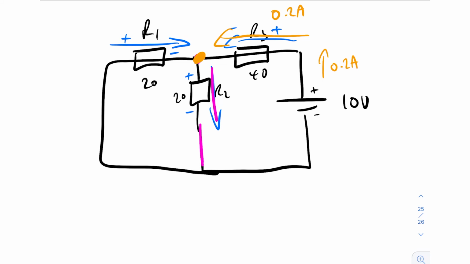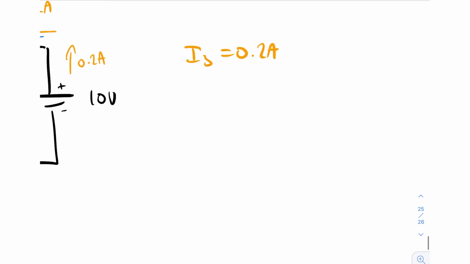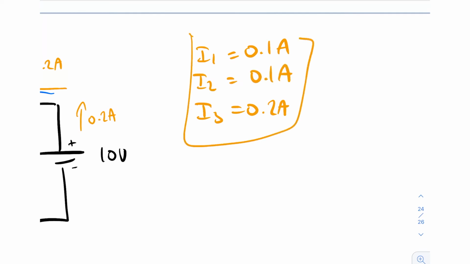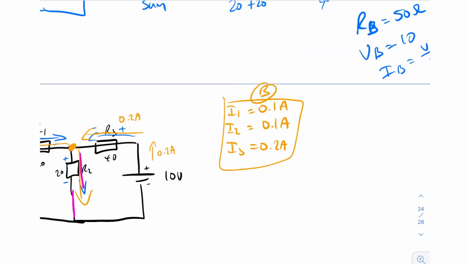That means that the current is going to be split directly in half between these two branches. So you're going to have 0.1 amp going this way and 0.1 amp going that way. So we know that I1 is equal to 0.1 amps, and we know that I2 is equal to 0.1 amps as well. Cool. And that's it. We've got our current values for the circuit B.